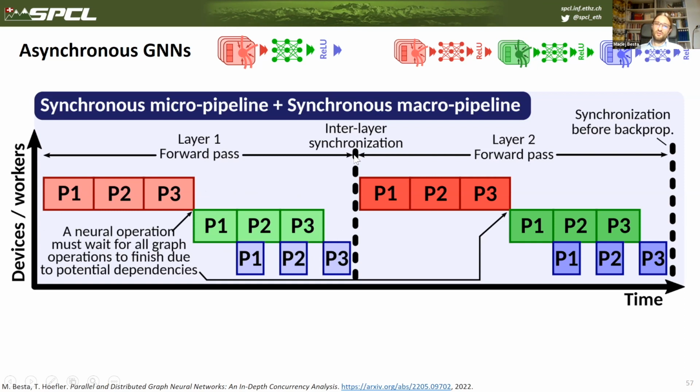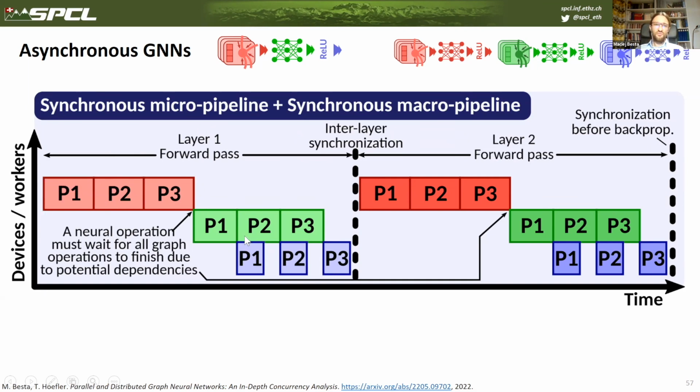And then we have this dashed line in the middle, which indicates inter-GNN layer synchronization between these 2 layers, right? And then we can see that in this fully synchronous execution, first thing, the neural operation executed by worker 2 must wait for the full finishing of the execution of the red convolution operation done by worker 1.